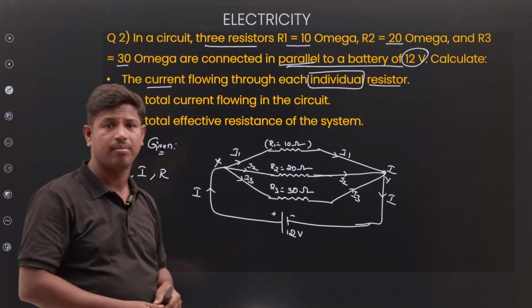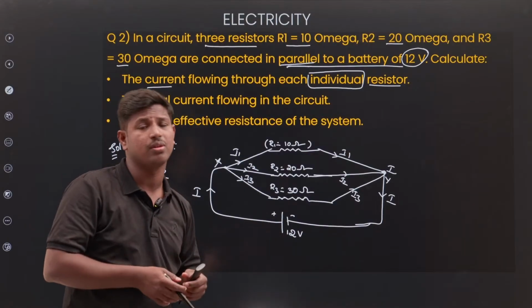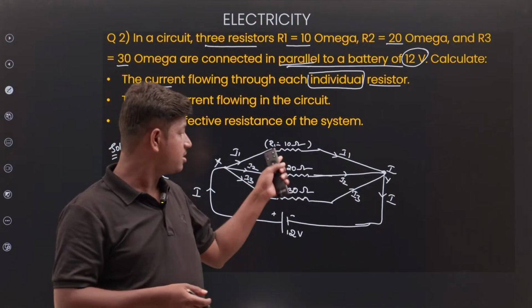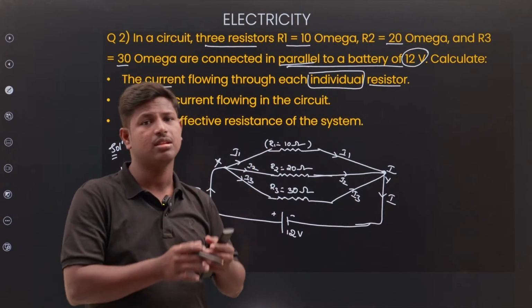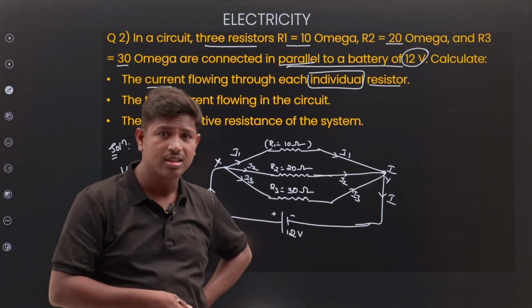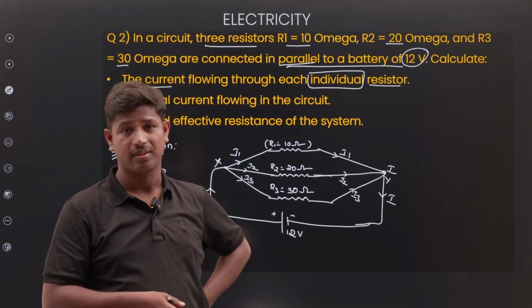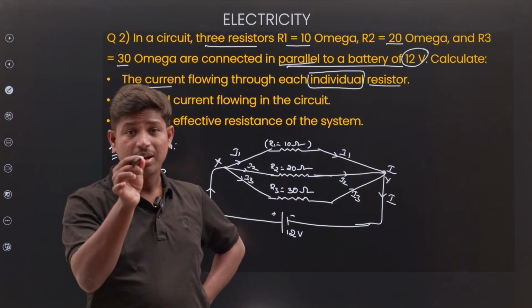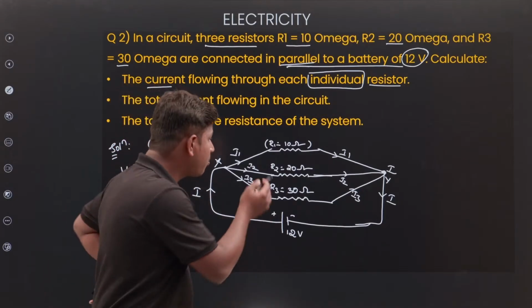Resistors are given, and potential is given. Many get confused at this point. The potential is the same at every wire, because all are parallel.